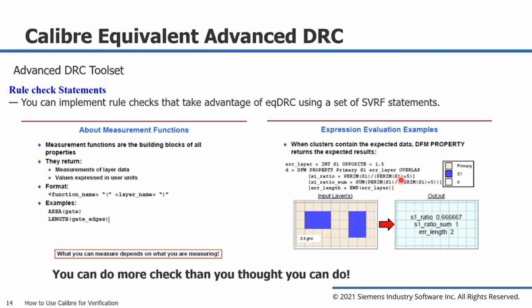You want to calculate your parameters for further post-processing usage. For this particular case, you can see S1 ratio, sum, error length. All these, if they meet the requirement, will be output into a text file, and you can see all these results.